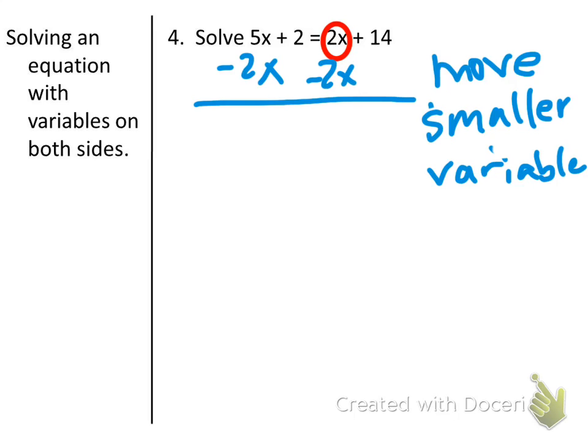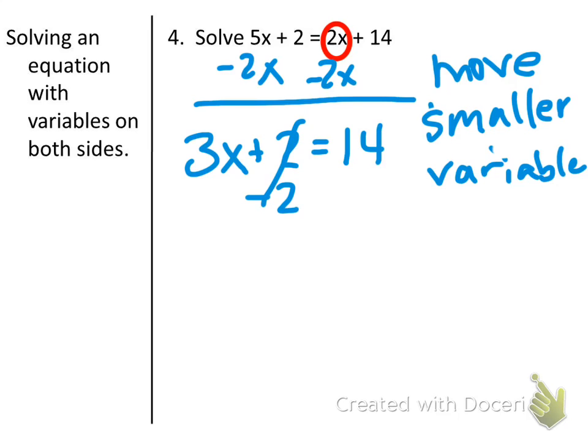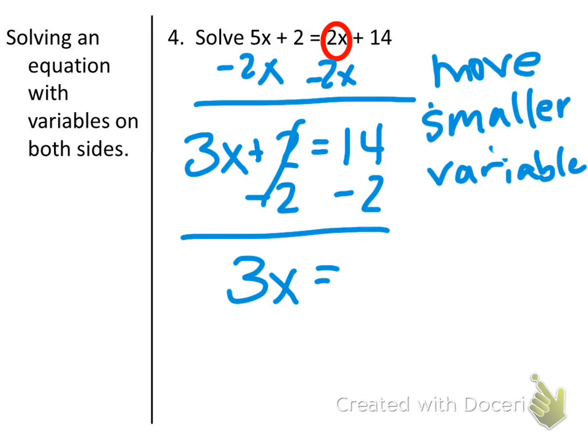So now I have 3x plus 2 equals 14. Okay, now what I want to do is subtract 2 from both sides to find out what x equals, and then I get 12, divide by 3, and our solution is 4.